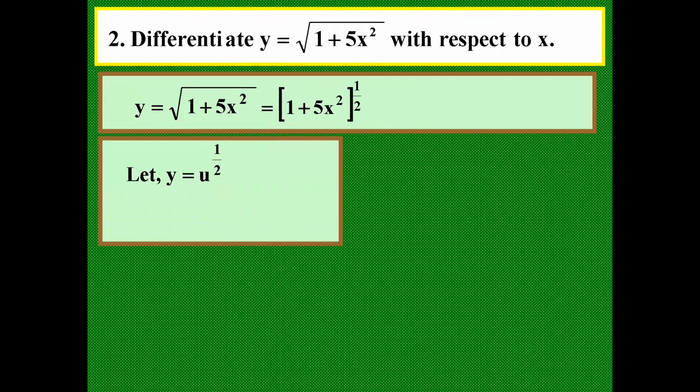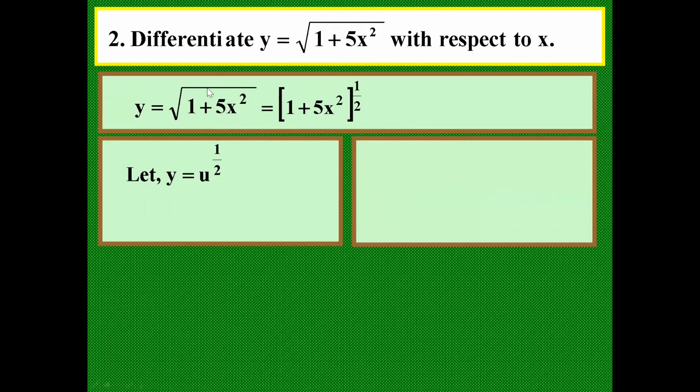Okay, so your y is this, and the u will be whatever is in the bracket, which is 1 plus 5x squared. So you have u equals to 1 plus 5x squared. Differentiate y, so you will bring down the 1 over 2, index minus 1 will create a negative 1 over 2, so u power of negative 1 over 2.